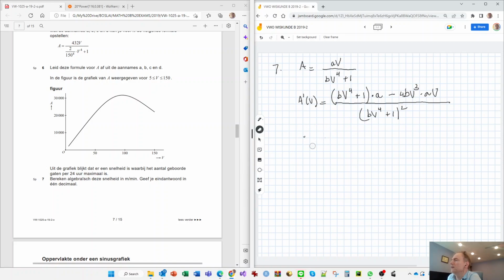Let's not do too many in one step. I just work this out: a, b, v to the power 4 plus a, minus 4ab times v to the power 4. This has to be 0.